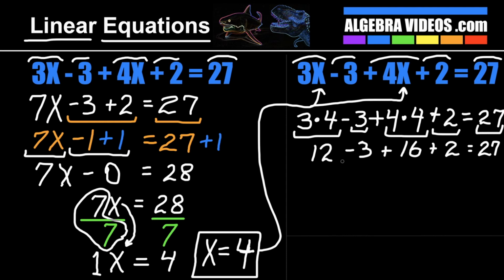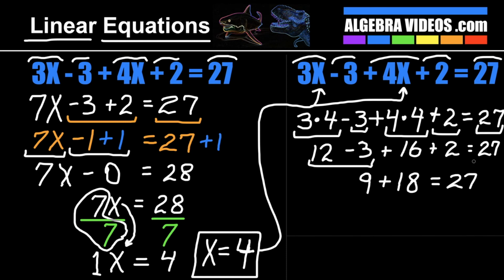So let's combine terms here. Let's just do little baby steps, just a couple pieces at a time. 12 minus 3, that's 9. A little tiny bite there. Plus 16 plus 2. What's that? 18, right? So we're going to write a little 18 there. And that equals, on the right side, 27.